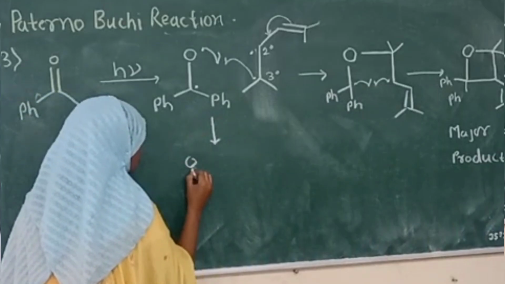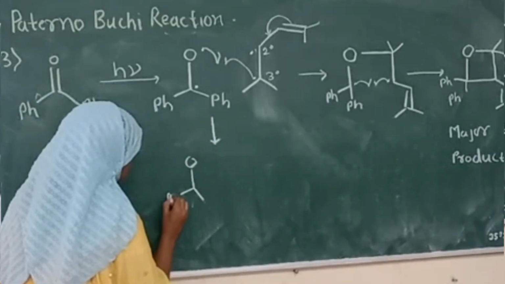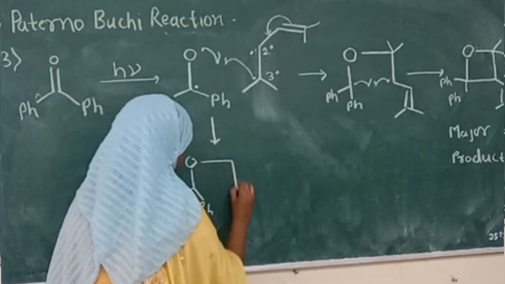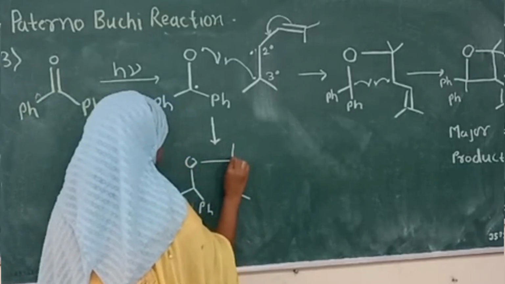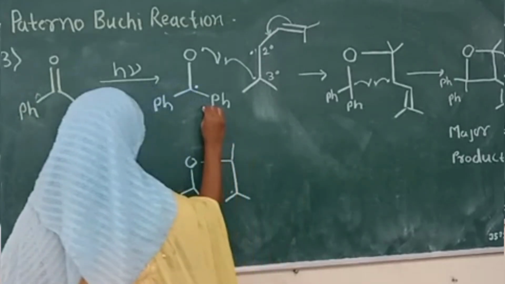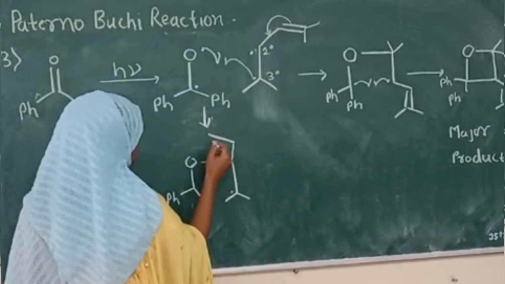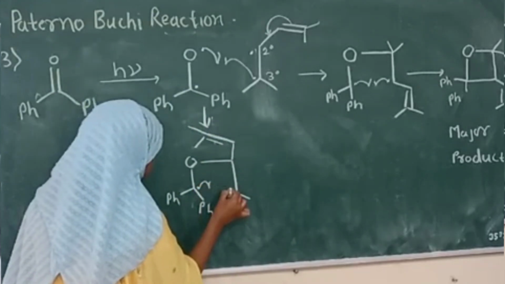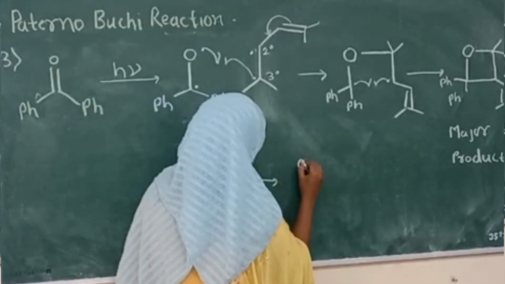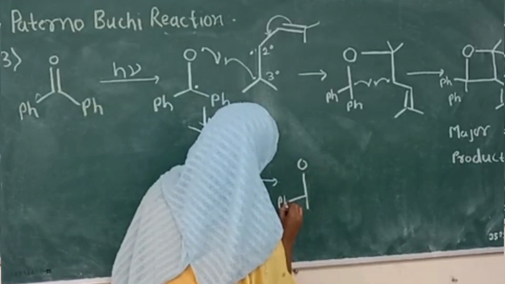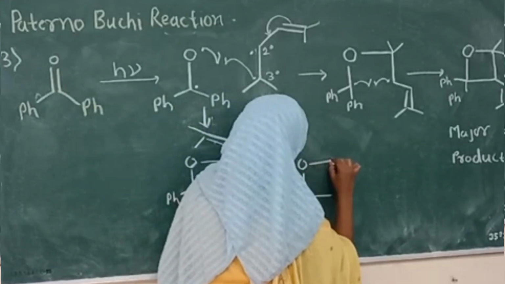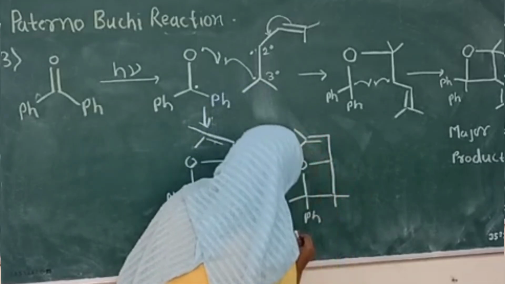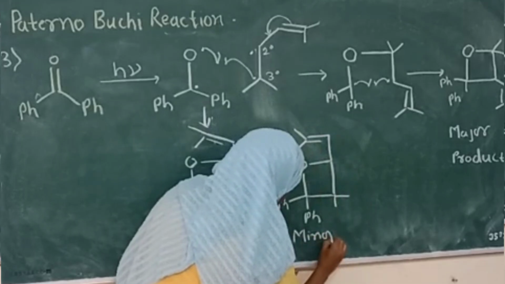We know the oxygen radical reacts with the secondary radical, then these two radicals again recombine. The product formed is an oxetane, but it is the minor product.